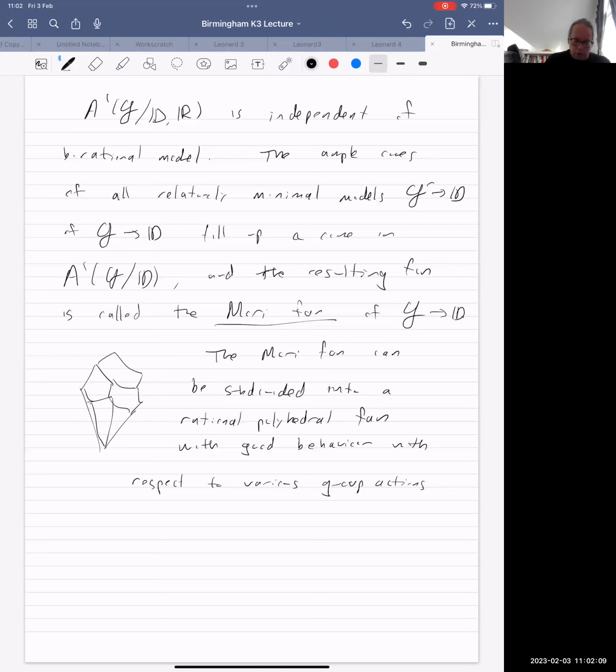Okay, so let's call this Mori fan sigma. Sorry, I just turned to the wrong page of my notes. There we are. I'm doing sigma delta.